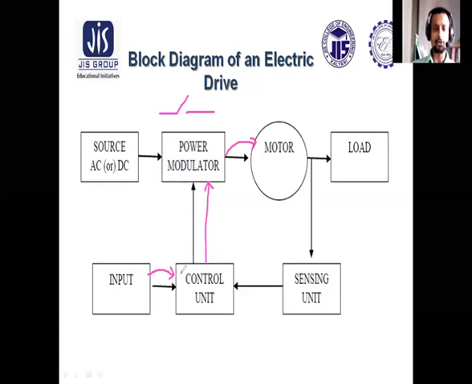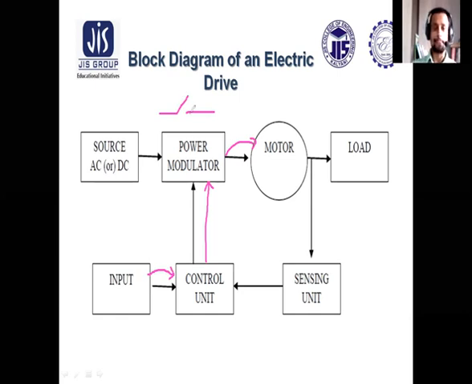Depending on this control signal, this switch may be on or may be off. So suppose you want more power at the motor, then this switch should be closed for a longer time. If the switch is closed for more time, then the motor will be connected to the source for more time, and the average power consumed by the motor will be more.